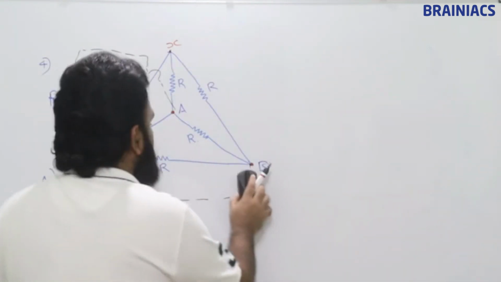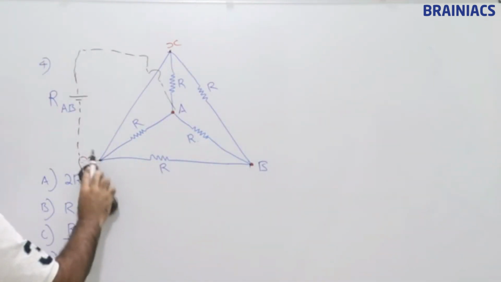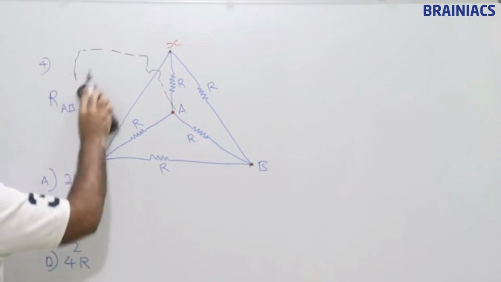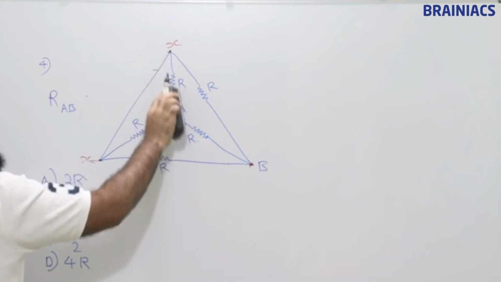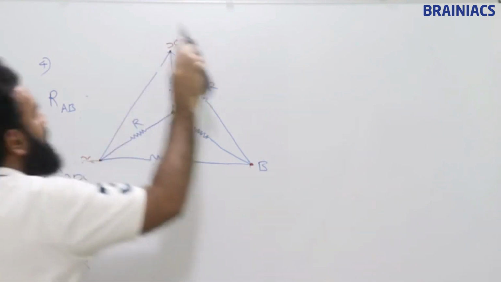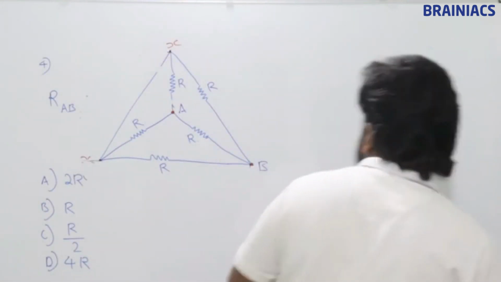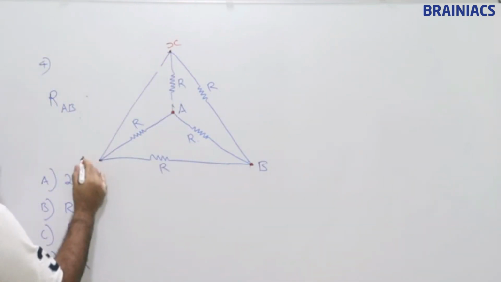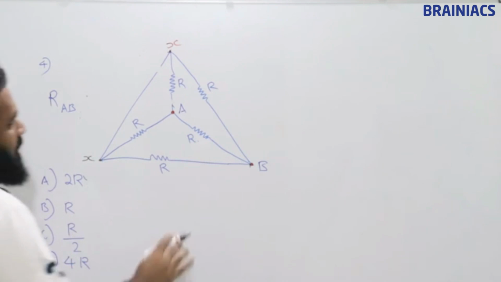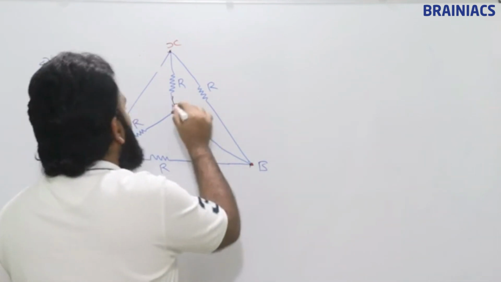Now we need not draw like that and waste our time. Simply we can consider these as the same node if no resistances are connected between two nodes. So X and X can be considered the same. Okay. So now we will draw.